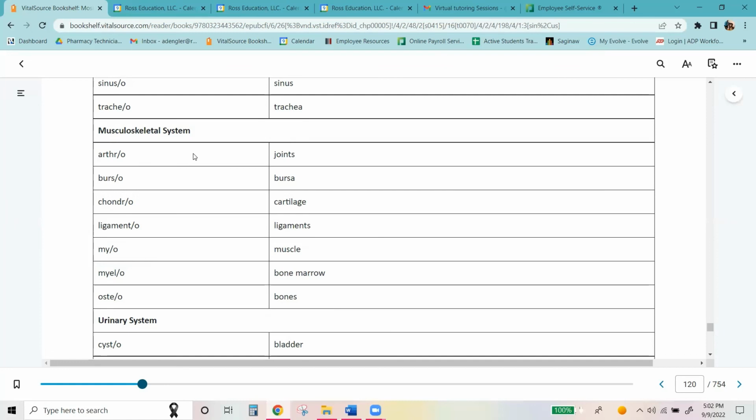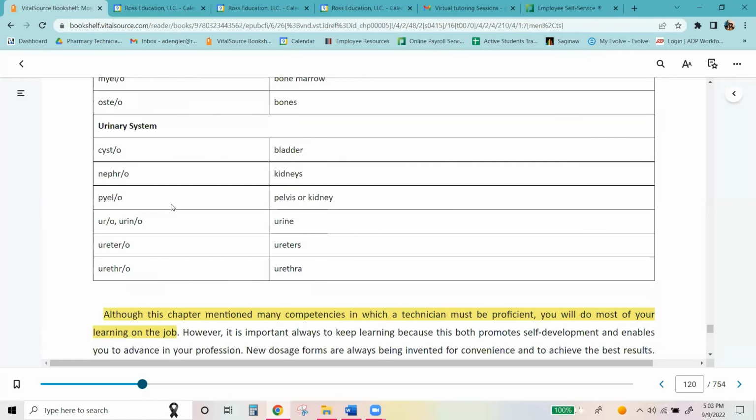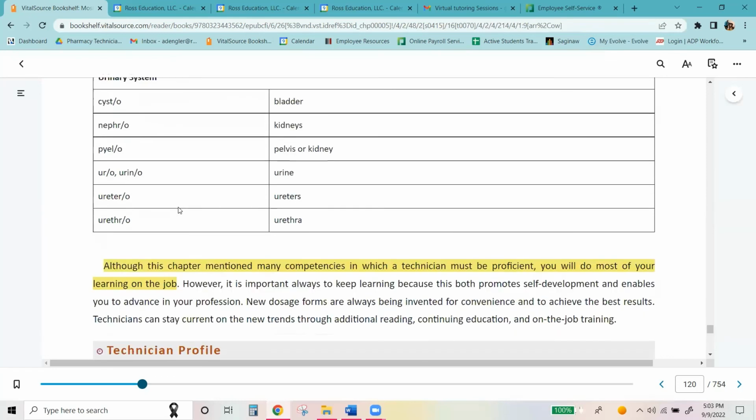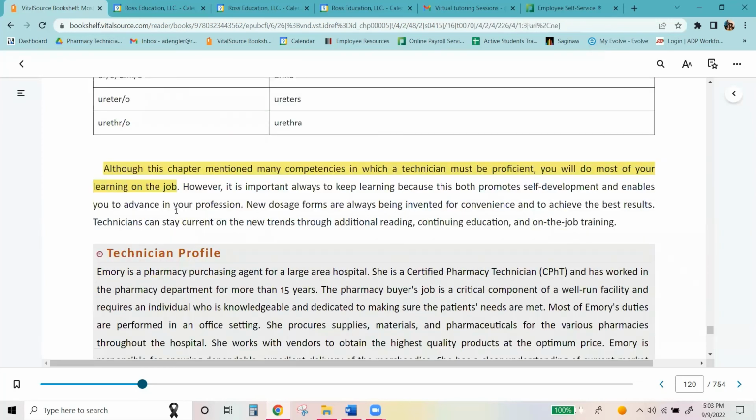Arthritis, inflammation of the joints; bursitis, inflammation of the bursa. Here are some for the urinary system. Cystitis, inflammation of the bladder, and so on and so forth. So hopefully you're understanding what I'm talking about by now.